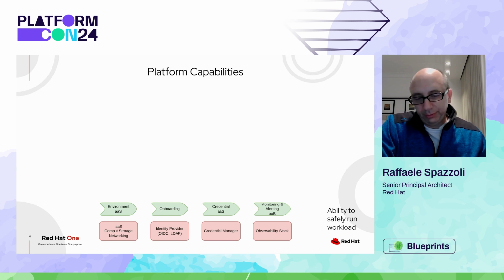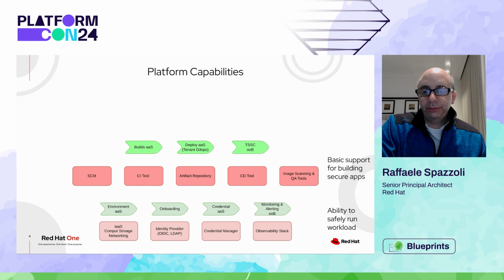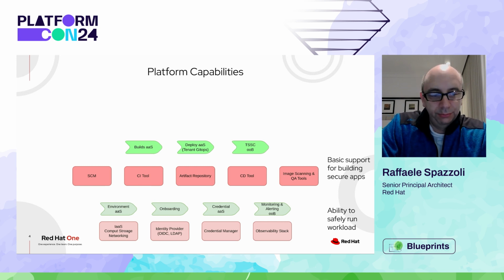In red, you see the capability. In green, you see the processes that you can build if you have those capabilities. So you can build an environment as a service capabilities, ability to provision environment on demand, some onboarding experience, credential as a service, and monitoring. The next step is to have some CI tools, CI and CD tooling.